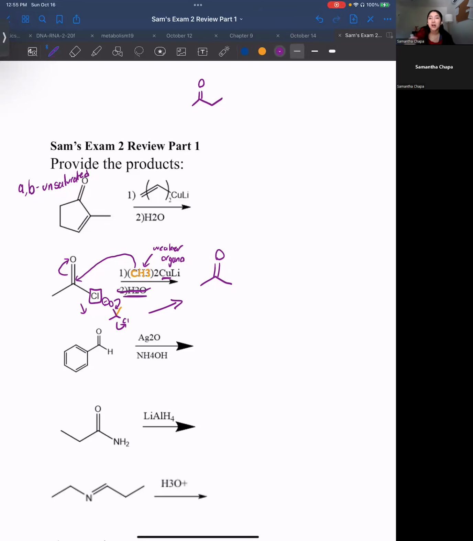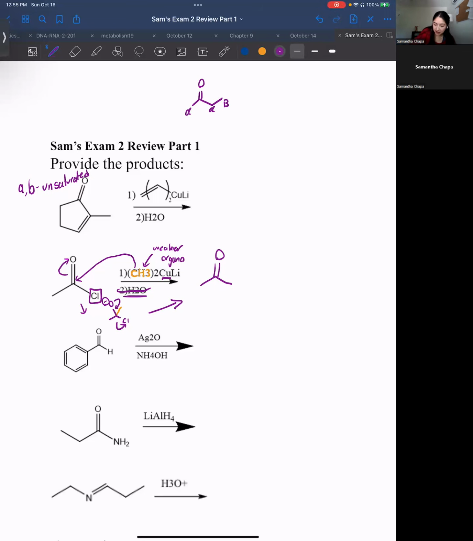Any carbon one carbon away from your ketone is going to be an alpha carbon. So this is one carbon away from my ketone, it's an alpha, as well as the one on the left, it's also one carbon away from my ketone, so it's alpha. One other carbon away is going to be beta. And you can keep going with the Greek alphabet as you go farther away from the carbonyl group. This is just showing you a bit of the nomenclature.